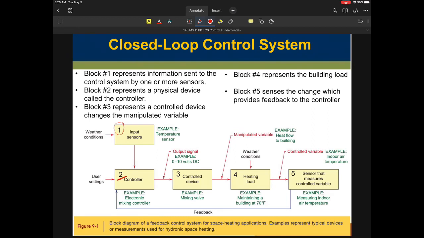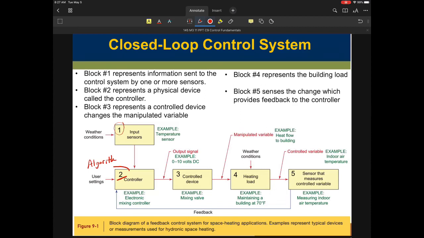My controller is most likely going to house the settings. What do you want for a set point? What do you want for temperatures? It could be humidity, it could be temperature, it could be chilled water, hot water, room temperature, any number of variables.